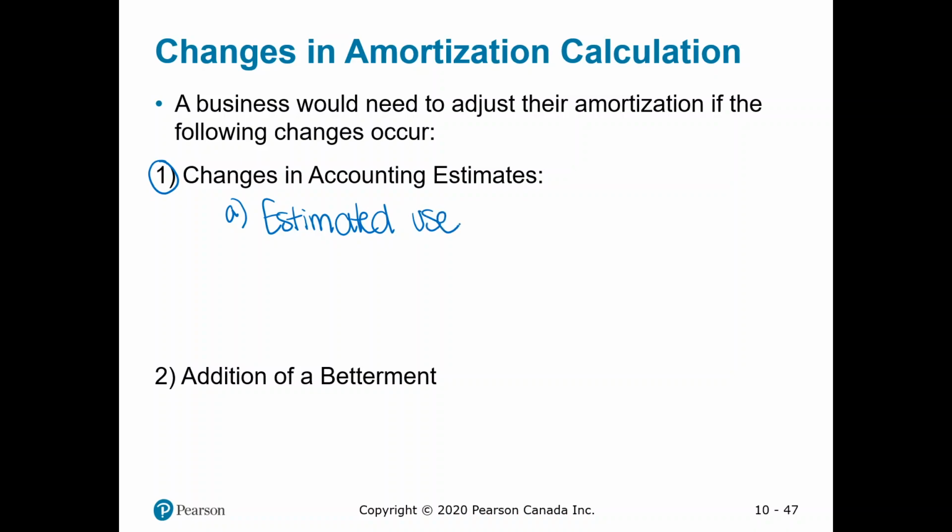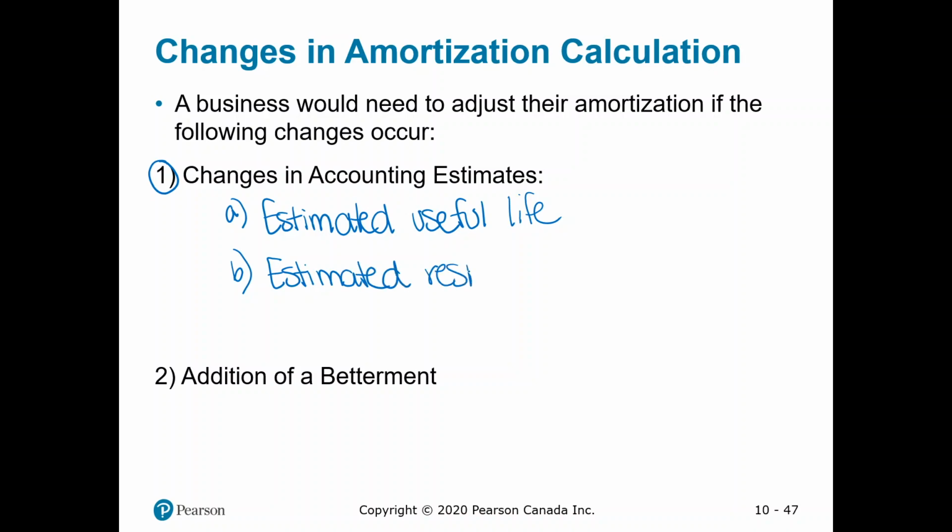So when we buy the asset, we estimate how long we think it's going to last, and that could be in years or in units of production. And then the second thing that we estimate is the residual value.